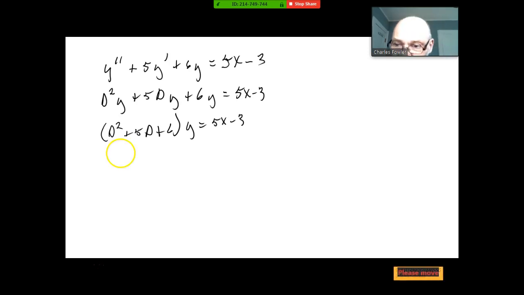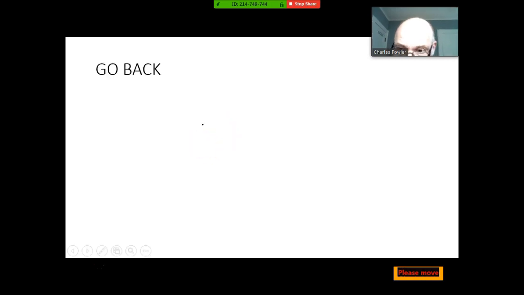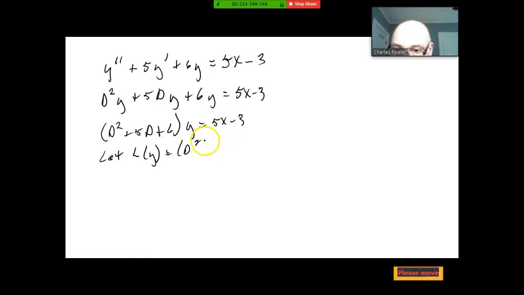You would have to actually say, then let, and I don't see that they do this step, let L of y equal D squared plus 5D plus 6. And my pen started doing this last class, and every now and then it'll quit writing. Okay. That's your L of y.